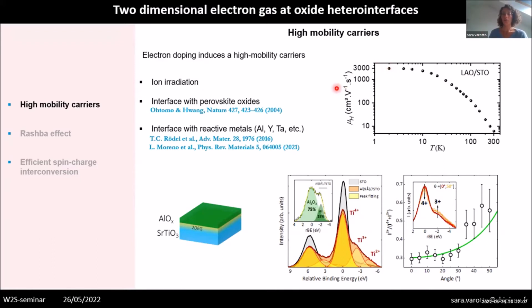And the two-dimensional electron gas that is formed at the interface shows quite high mobilities, of the order of 3,000 centimeters squared per volt second. And quite recently, a new method to generate two-dimensional electron gases has been developed and proved several times.